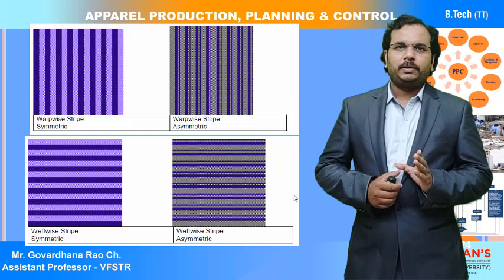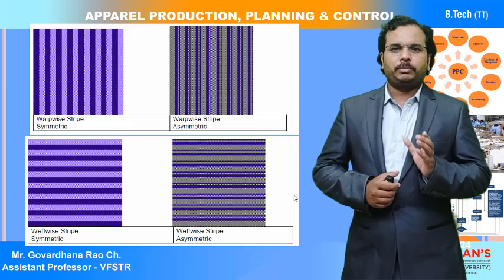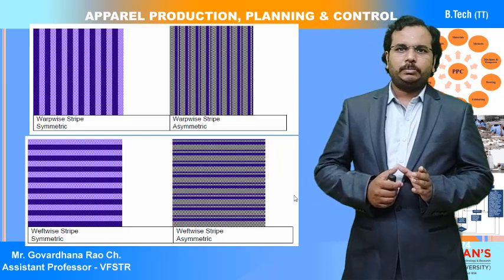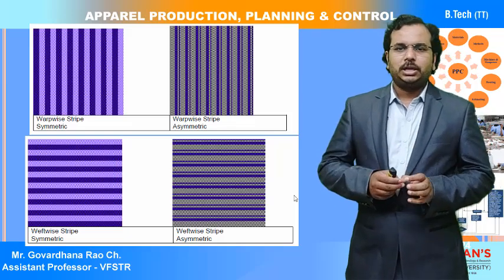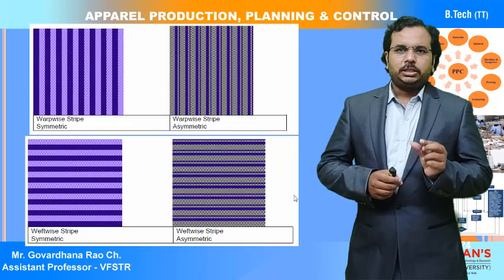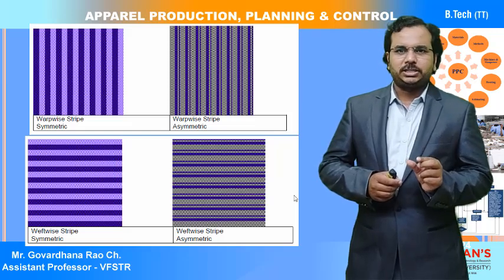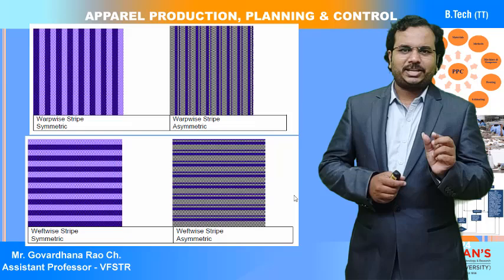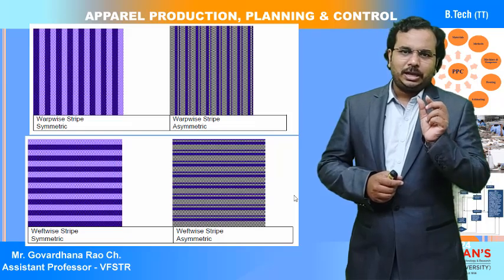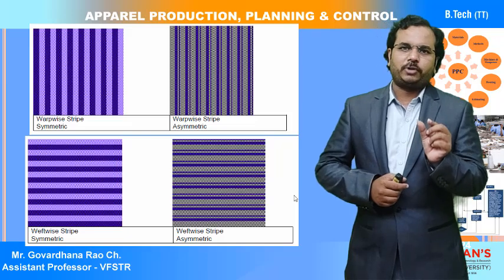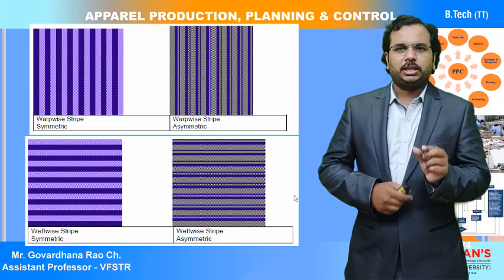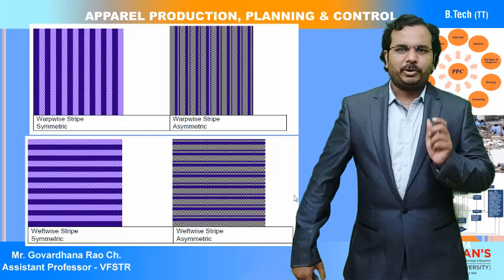You can see the dark purple and the violet colors, and the number of threads in each stripe is equal. So equal numbers of warp threads are present in this type of fabric.